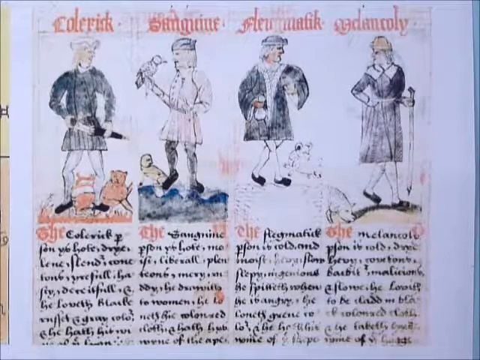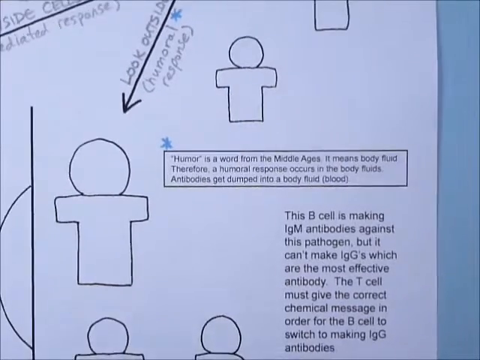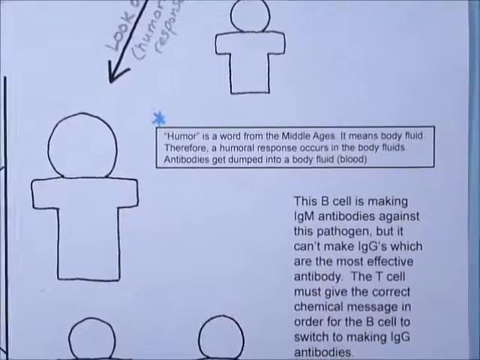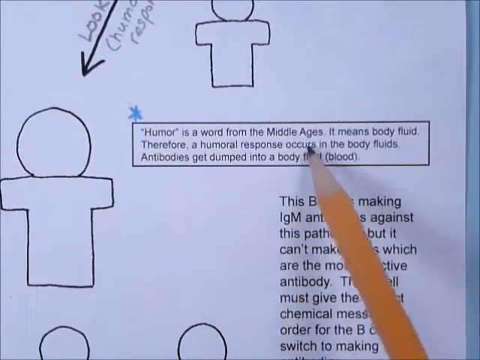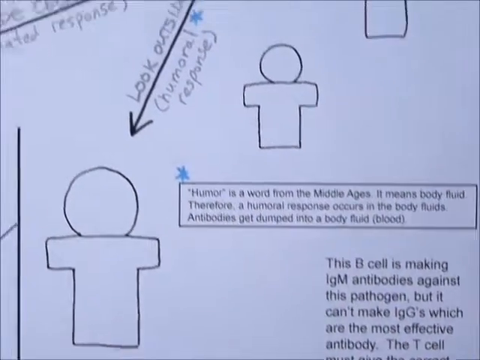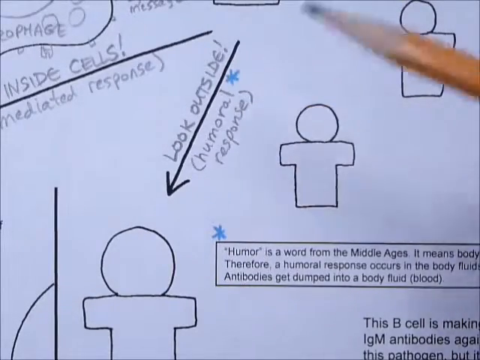Sometimes science gets it wrong. And here's one place where mainstream science got it wrong. They were on the wrong track. So that's where the word humor comes from, the historical origins. When we say humor, we mean body fluids, in this case probably blood. So the humoral response will occur in the body fluids.